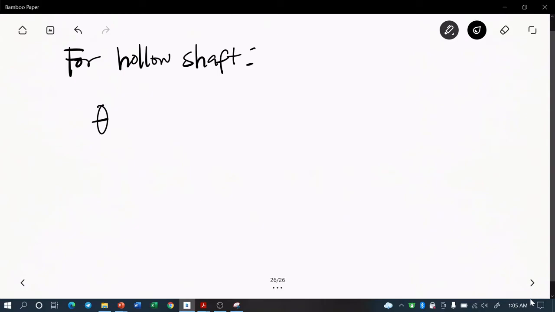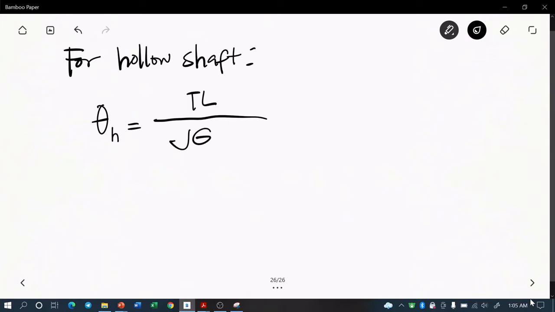Okay, so hollow shaft, we're going to denote theta sub h as the torsional deflection for the hollow shaft. So the same governing equation, TL over JG.